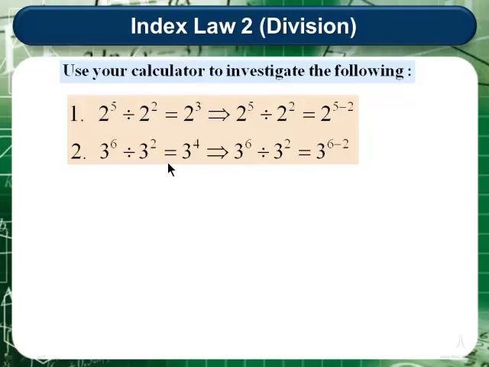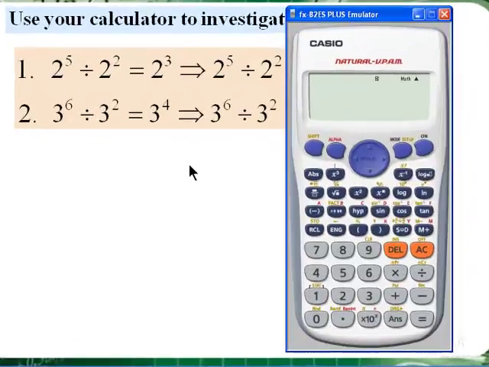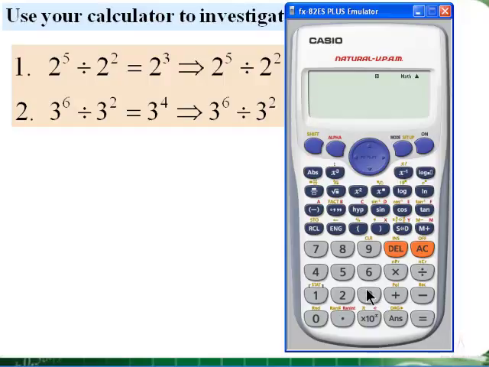Let us use our calculator to confirm, for instance, the second result. So I'm going to use the calculator to show that if I have 3 to the power 6 and we divide it by 3 to the power 2, the answer is actually 3 to the power 4.